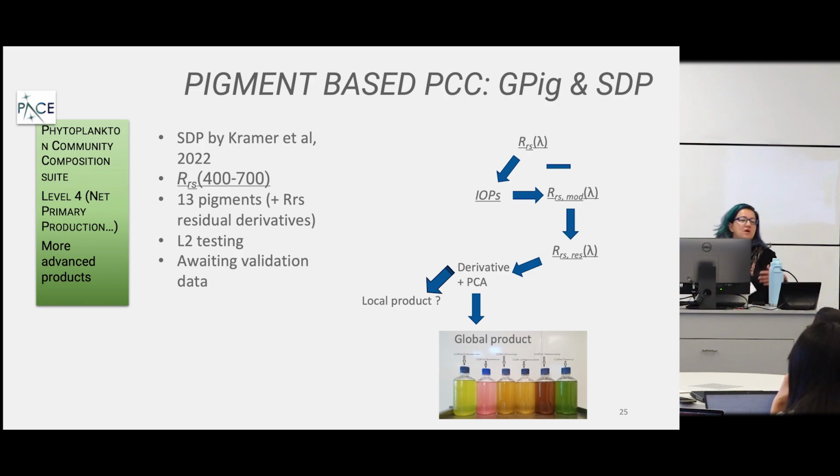It's a model that takes remote sensing reflectance, derives IOPs, and then, on the assumption that we're really bad at getting good absorption from GIOP on any model of GIOP, takes that IOP, recalculates remote sensing reflectance, and subtracts that from the original one. So what you get is this difference.